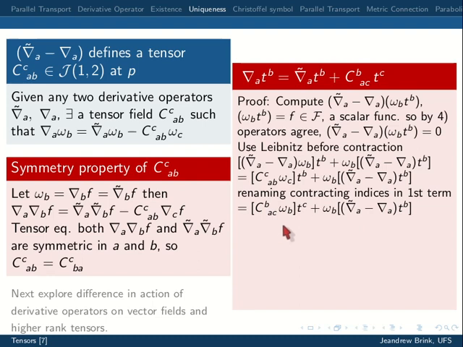The reason for doing that is that you want ω_b common to the thing, because that's the only thing that doesn't appear in there, and you're then going to make the argument that it's got to be true for any ω_b, therefore whatever ω_b is being contracted with must be 0.